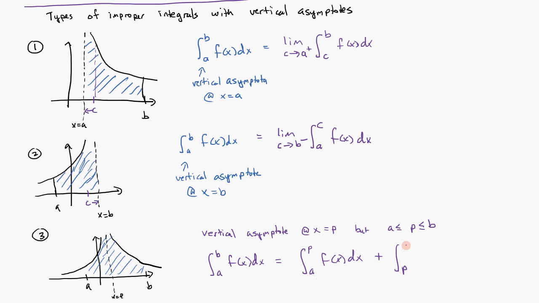And then you integrate from p to b, f of x dx, and this will be an improper integral of type 1. And so these are the three types of improper integrals where you have a vertical asymptote.